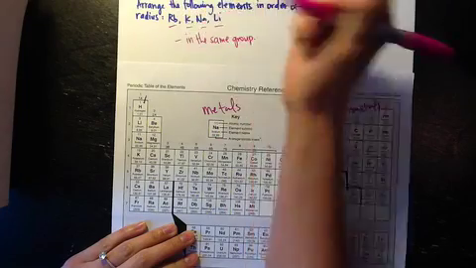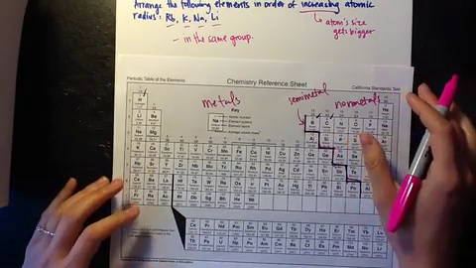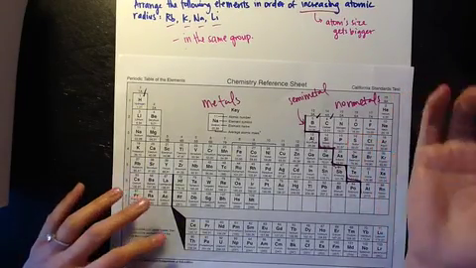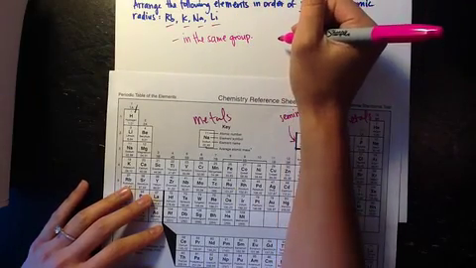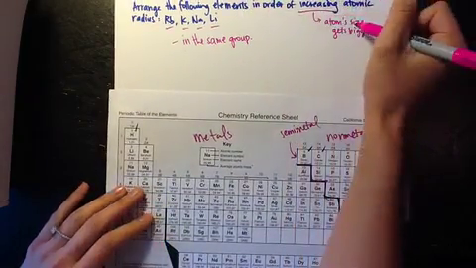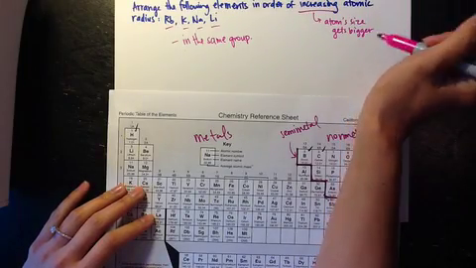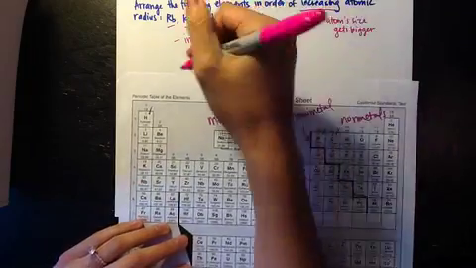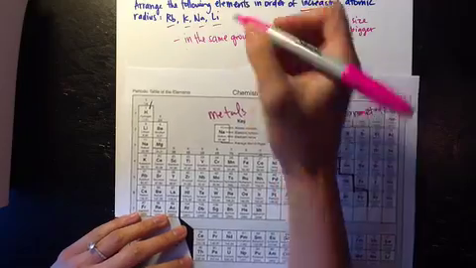If they're in the same group, what was the trend when they're in the same group? The trend was it gets larger as you go down a group, right? So I want to list them in order of increasing atomic radius. So my smallest one is going to go first. So my smallest one is actually the one at the top, Li.